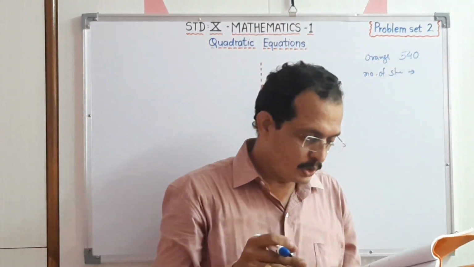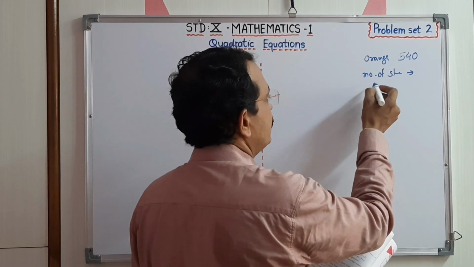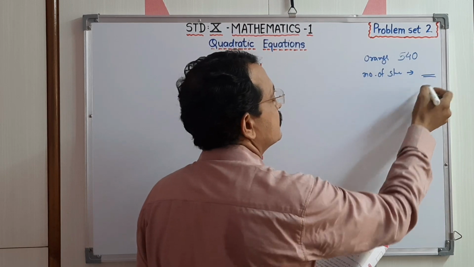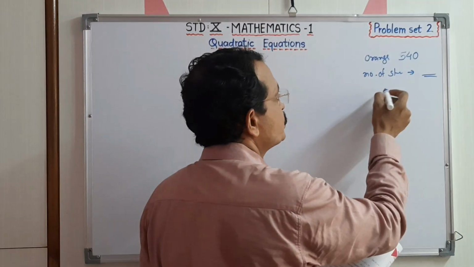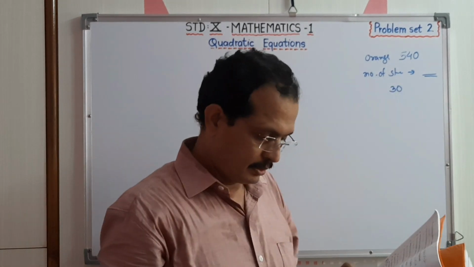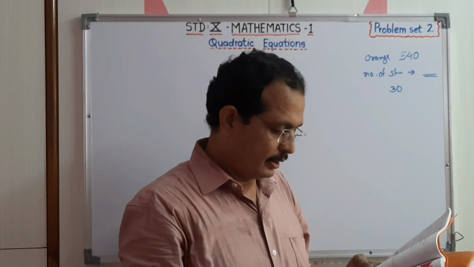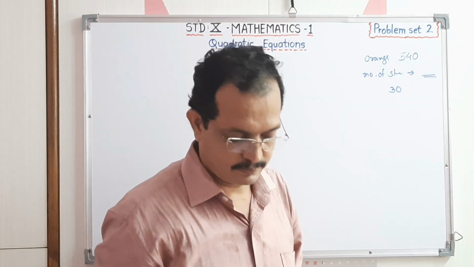If 30 students were more, that means the original students are not known, but if the number of students increases by 30, then each will get 3 oranges less.